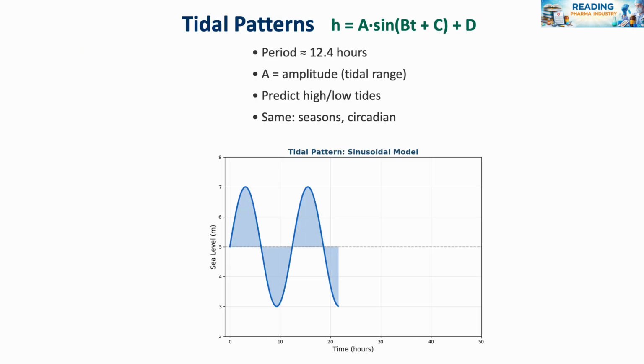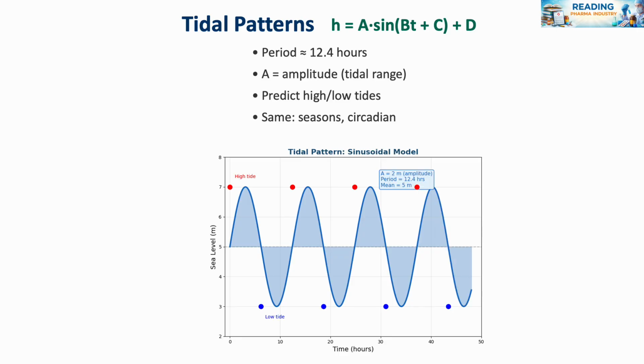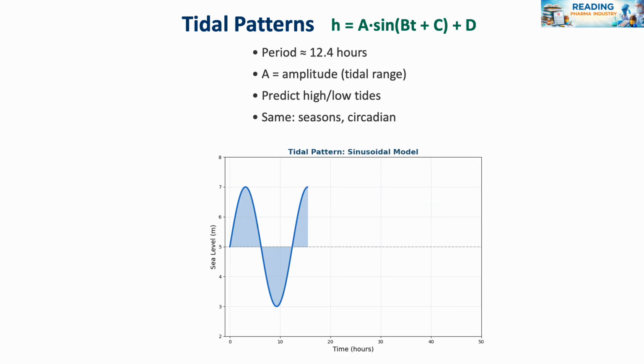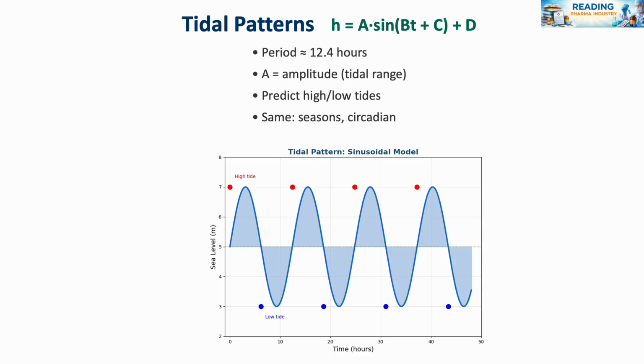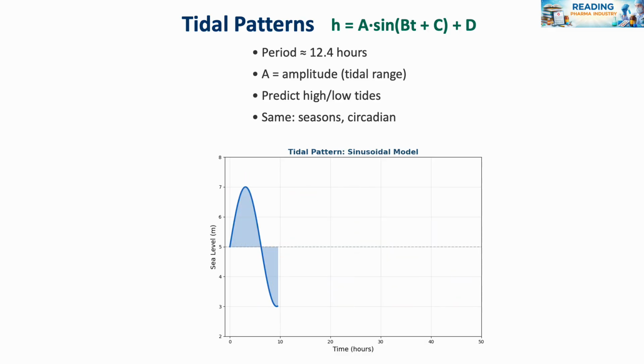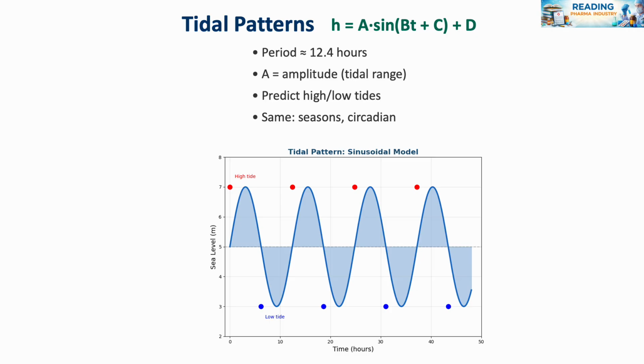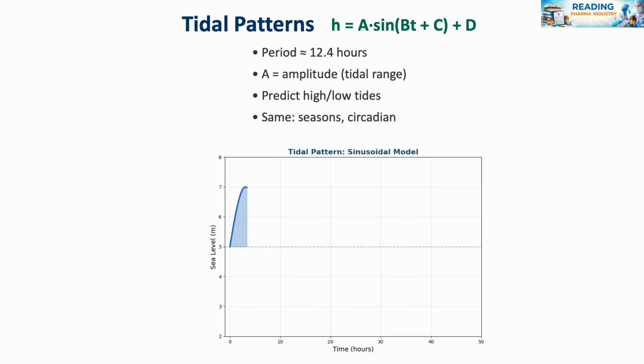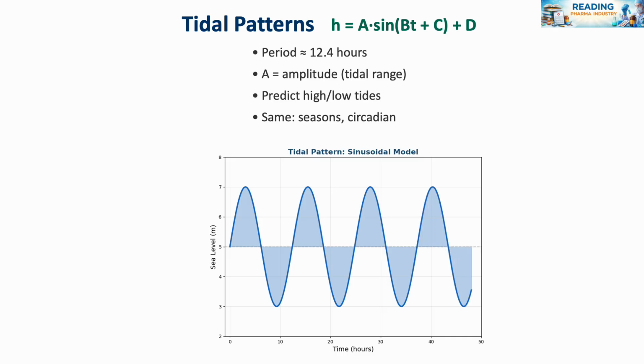Tides follow sinusoidal patterns: h equals A times sine of the quantity Bt plus C, plus D. The period is approximately 12.4 hours, so that is how long between high tides. A is the amplitude or tidal range. Fitting historical data lets you predict future tides, which is essential for navigation and coastal engineering. The same mathematics describes seasonal temperature changes and circadian rhythms.